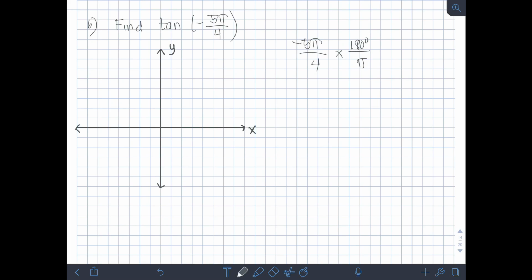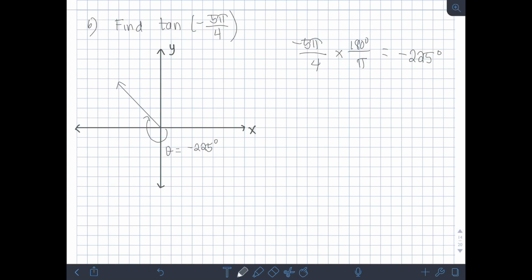So we have negative 5 pi over 4 times 180 degree over pi is equal to negative 225 degree. So plot natin itong negative 225 degree dito sa rectangular coordinate system. So around here, so ito yung theta natin, negative 225 degree.